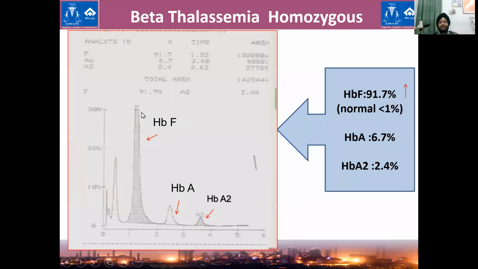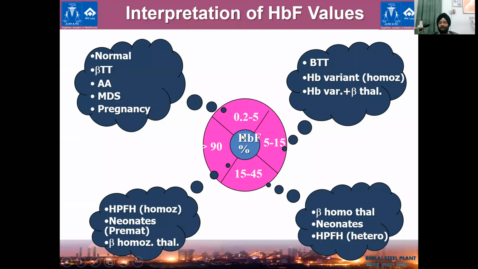Why I have shown this is how to interpret the HbF values. Fetal hemoglobin up to 5% may be seen in some pregnant females, sometimes in MDS and aplastic anemia, and beta thalassemia trait also. And of course, it is normal.